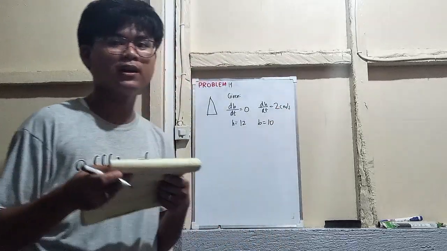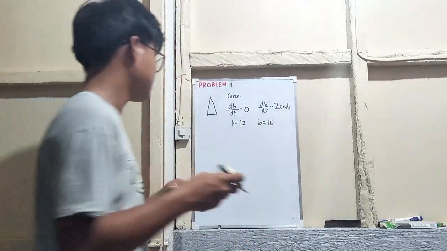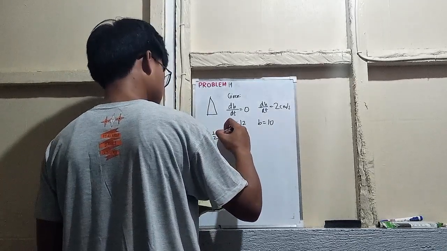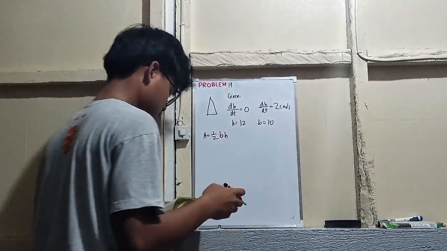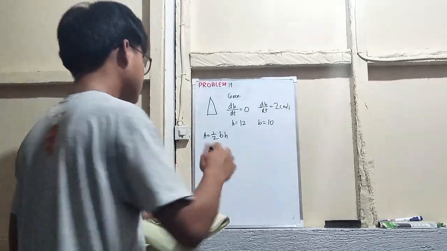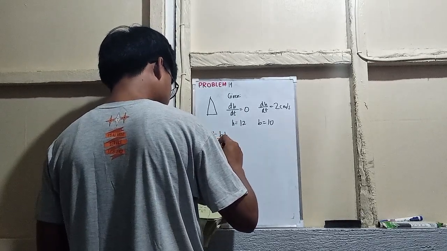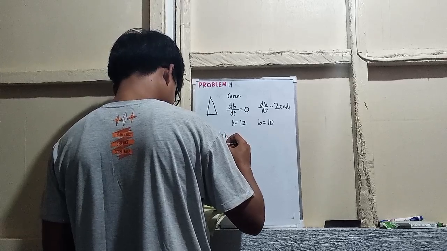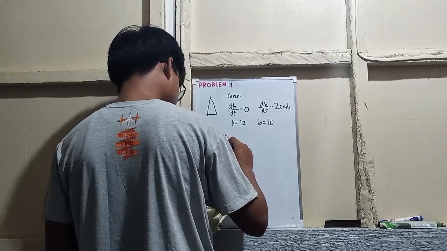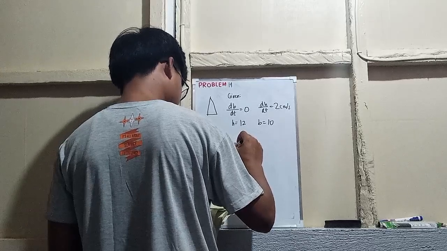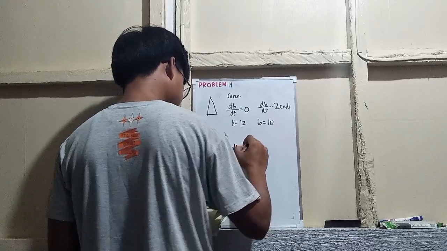So now, in getting the area of a triangle, the formula is area is equal to 1/2 BH. Then we will differentiate the formula. So we will get dA over dt is 1/2 B dH over dt.